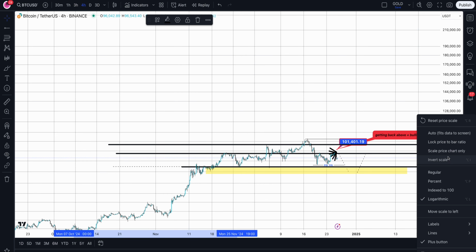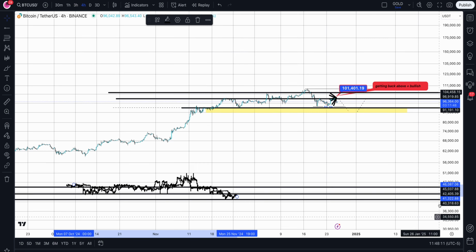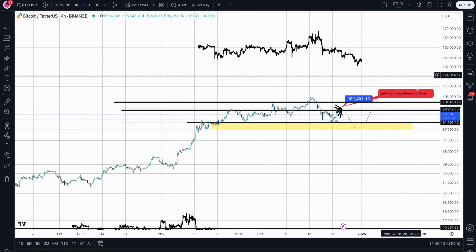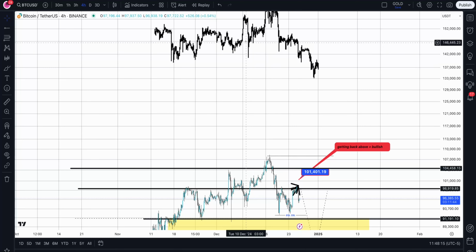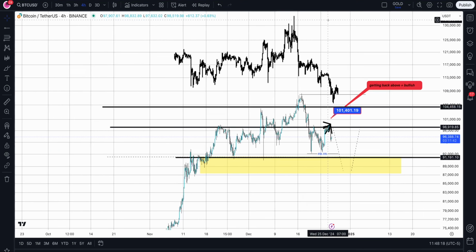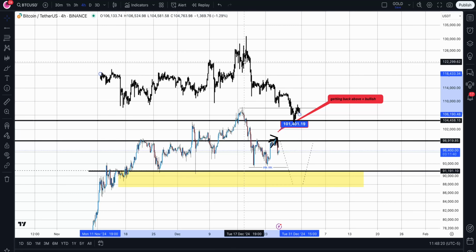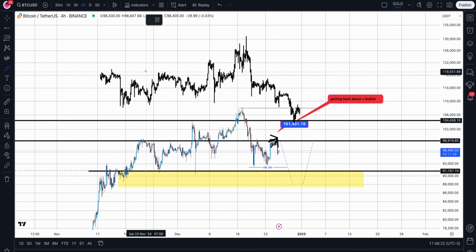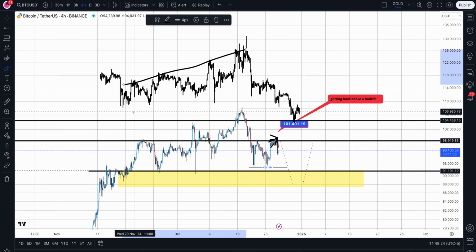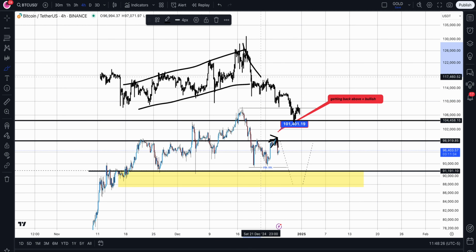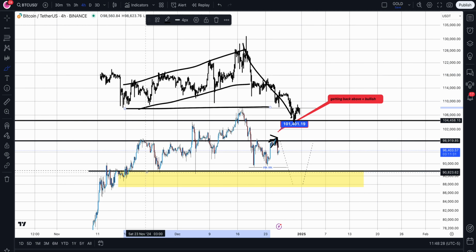Just trying to find where I put this thing here. Oh, right here. Okay, so you guys see this? Very, very similar. You see how it just creeps up to the right side over here, and then it falls down below the range low. Very similar thing to what's happening right now.